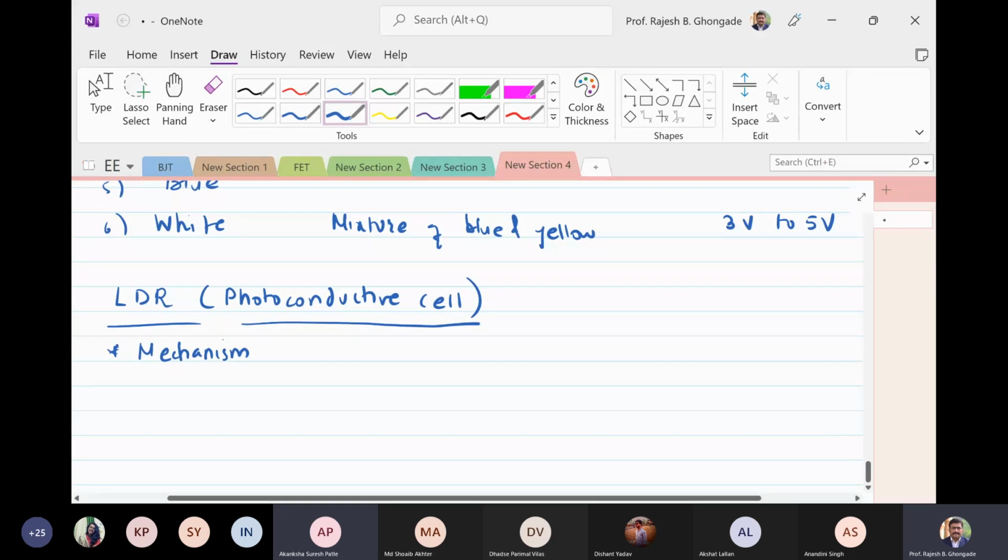Light which is striking the surface material will provide sufficient energy to cause electrons within the material to break away from their atoms. So free electrons and holes are created within the material, and therefore its resistance is reduced.